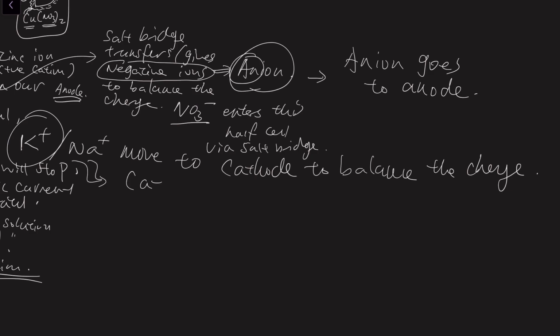They are called cations. So cations go to the cathode.